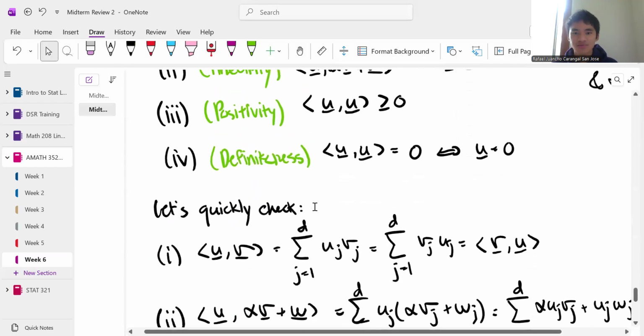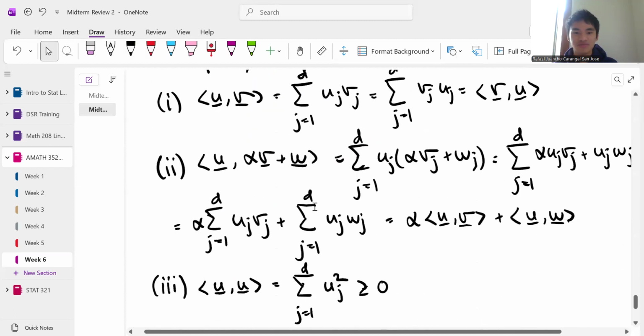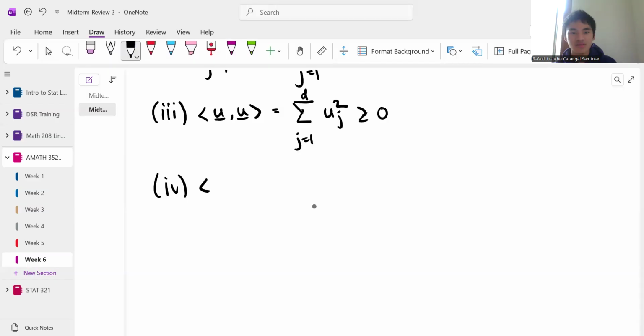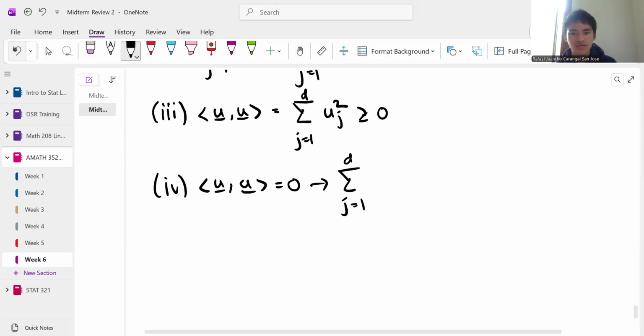Okay, let's try this last one. If and only if u is zero. So we say this u, and suppose they are zero, right? Then this is just zero when we do a summation here. Yeah, I mean, this one's pretty self-explanatory.